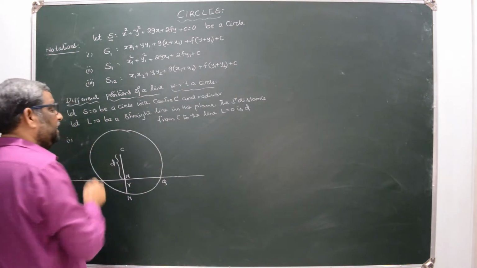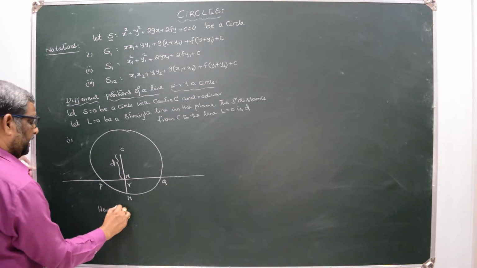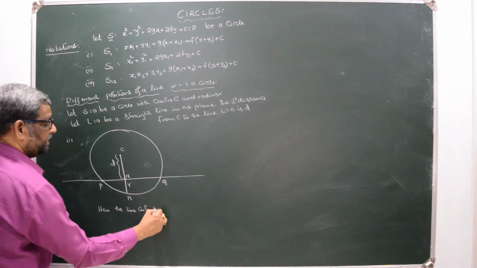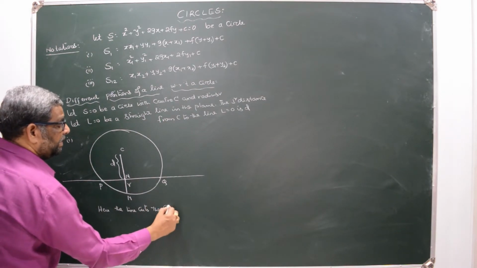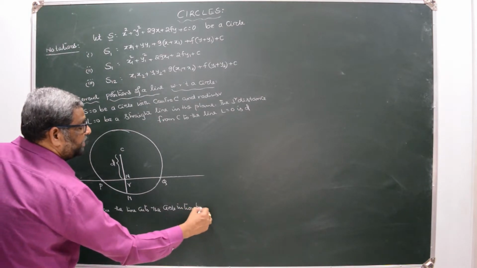Now number 1. Here the line cuts the circle in 2 points.